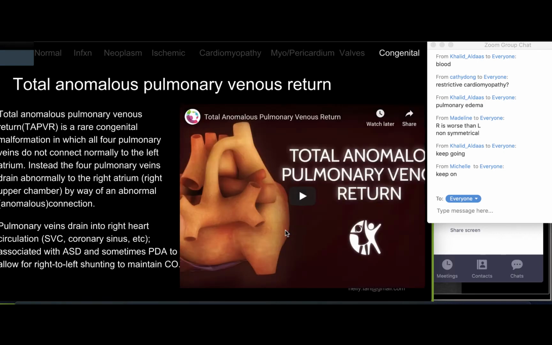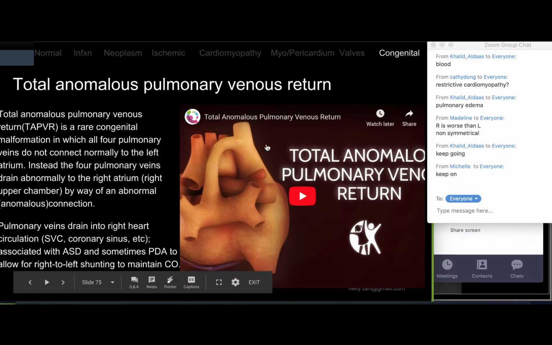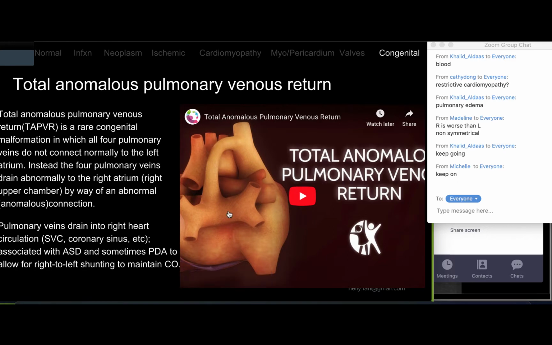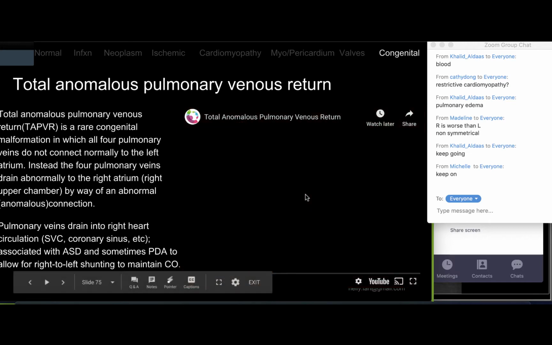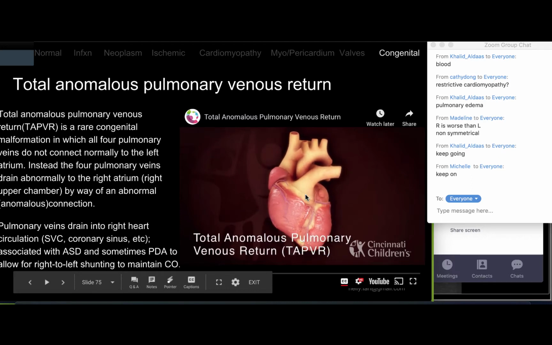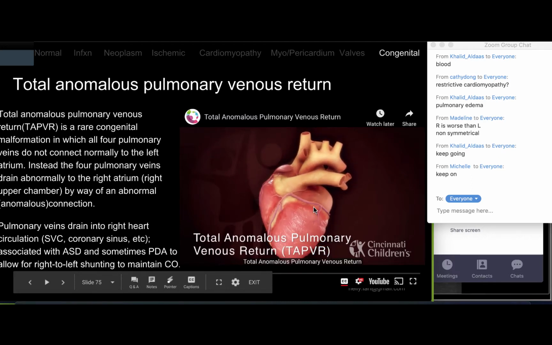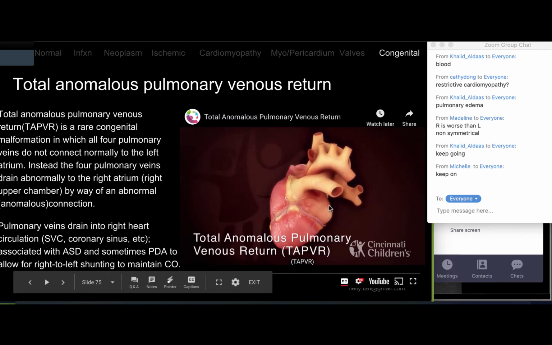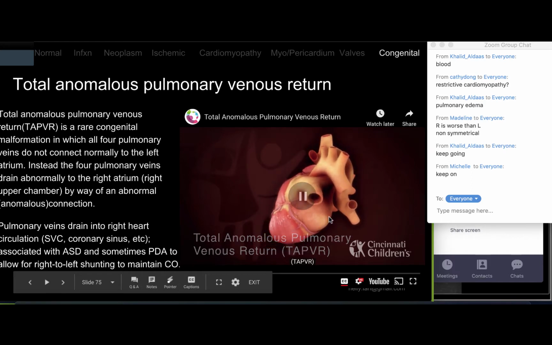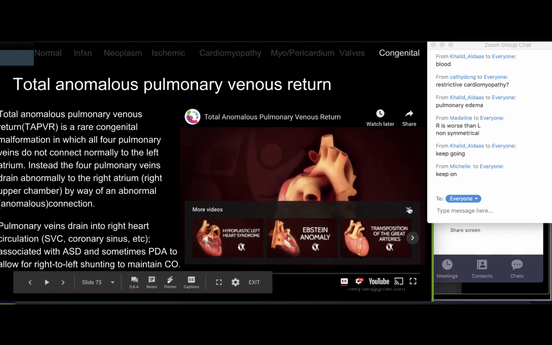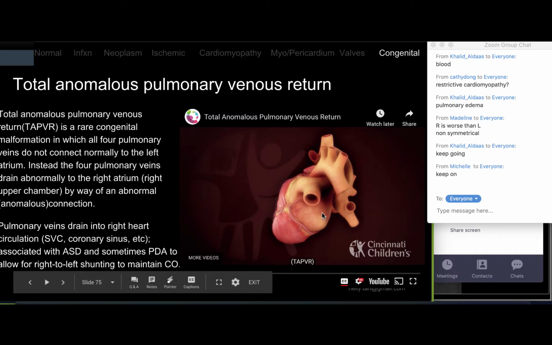Okay, and then last, another right to left shunt is called total anomalous pulmonary venous return. So we said normally the pulmonary veins empty into the left atrium, and there's 4 of them, right? You get paired ones on the right and left. In patients with TAPVR, you don't have that. Normally, like we said, it goes into the atrium.